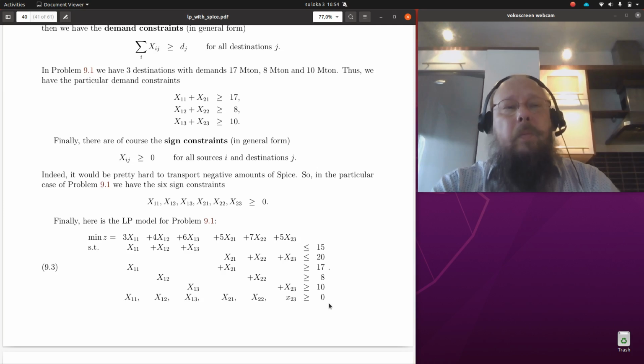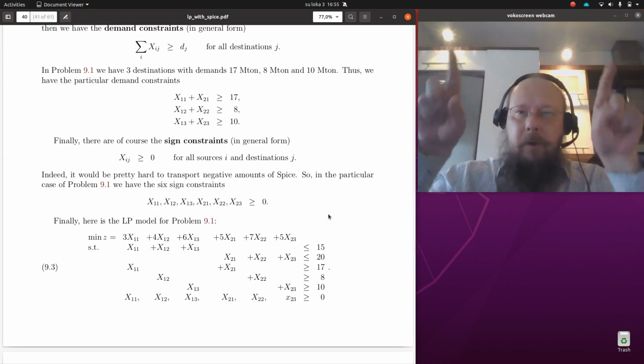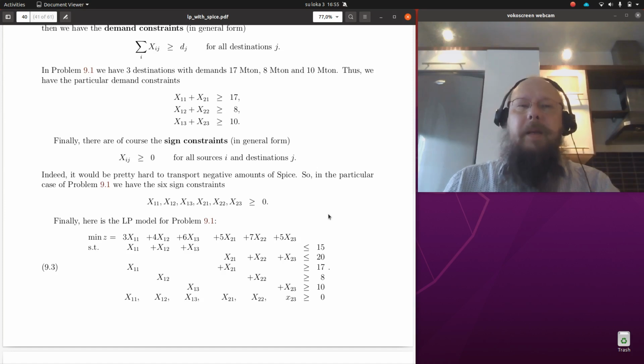One thing to notice here, and this is important from the implementation point of view, when we want to implement this with GNU Octave and solve it with GLPK, is that while these x1 and x2 and so on form a matrix, what happened here is that I put this in the standard LP form, or the normal LP form.